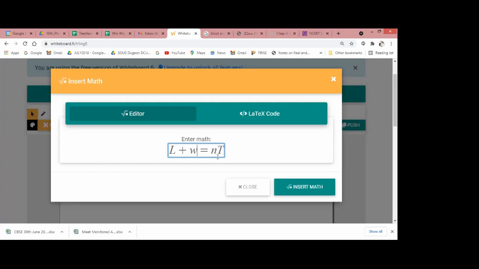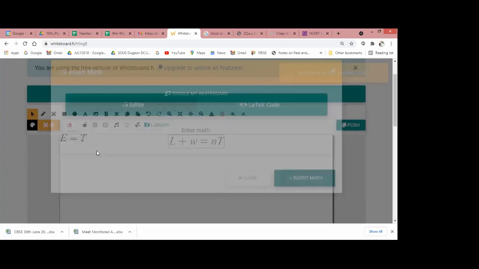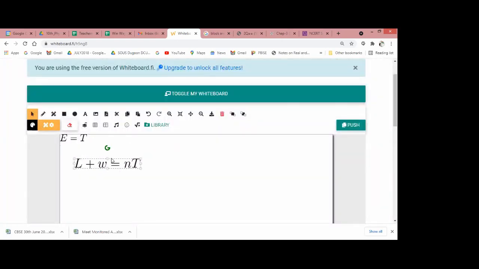Correct? The total tension on the strands is not just the tension of this load. Along with the load, it is also the tension due to the weight of the pulleys. So this together gives us the total tension on the strands. Agreed? Yes, sir. So what will be the value of load now?